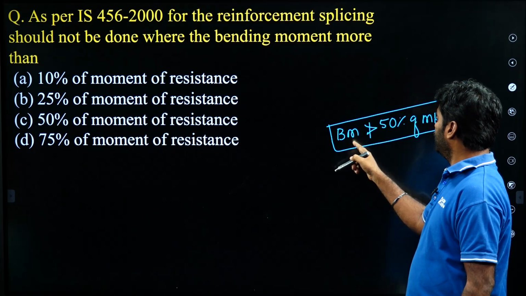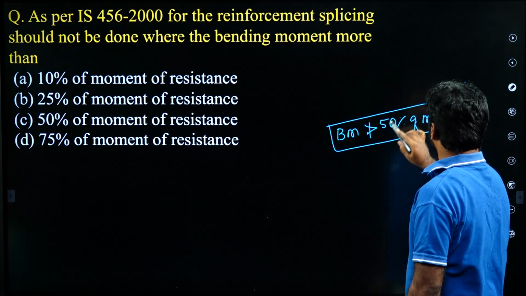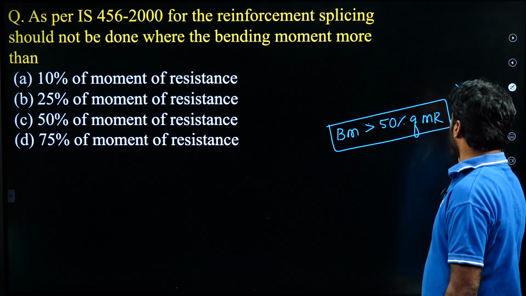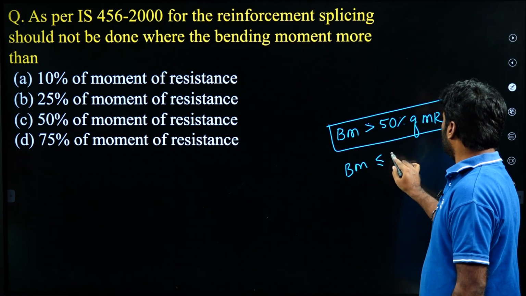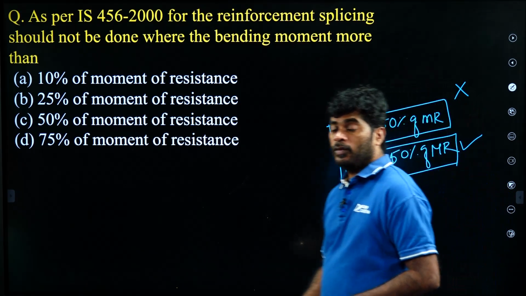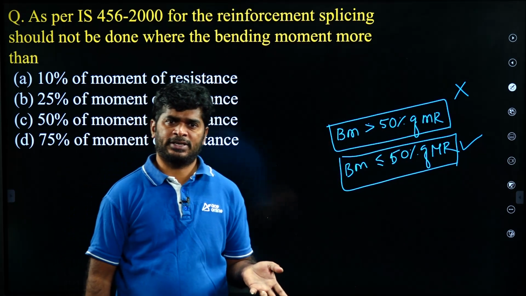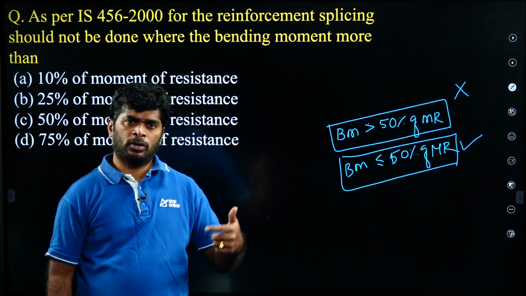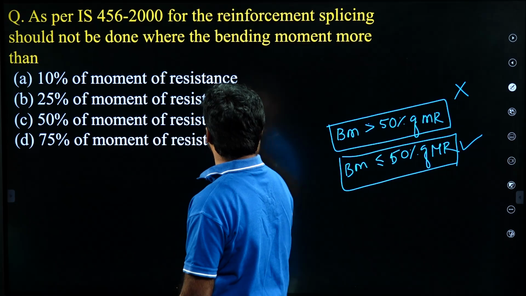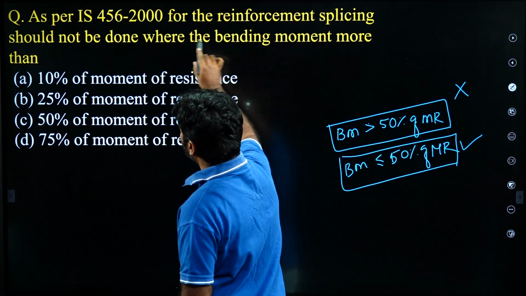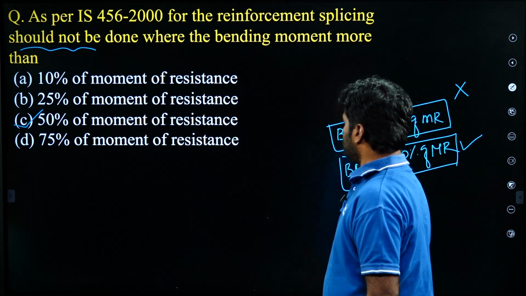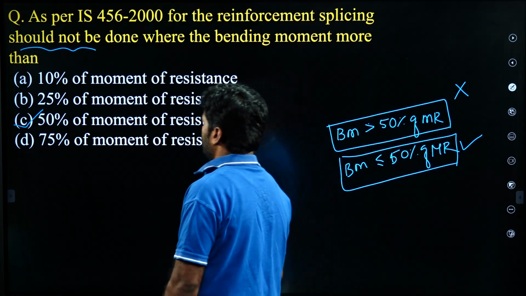You go for splicing where the bending moment is less than or equal to 50% of the moment of resistance. If you provide a splicing joint where the bending moment is more, chances are more that the joint will break. So, more than 50% of moment of resistance is not recommended. Next question.